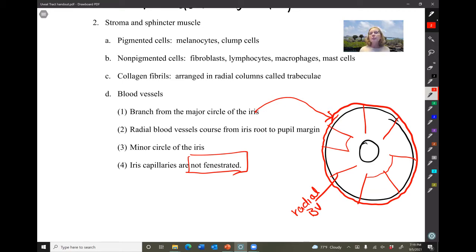The blood aqueous barrier is similar to a blood-brain barrier, where we need to keep some of the stuff we don't want in there, proteins and such and cells, out. So these non-fenestrated blood vessels of the iris help to keep what we don't want in the aqueous out of the aqueous.